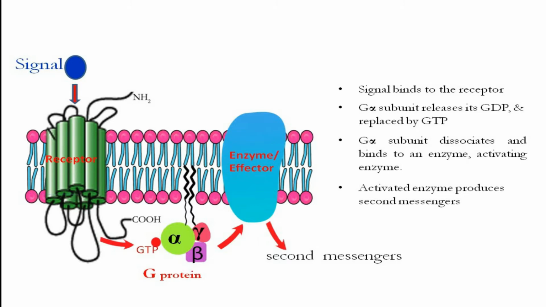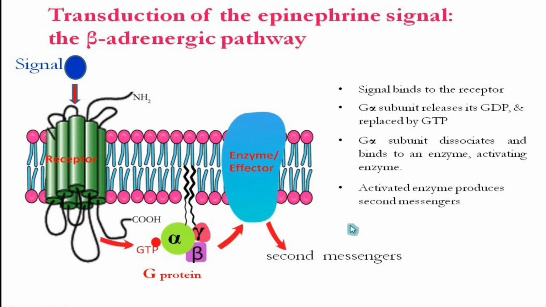Now we can discuss the transduction of the epinephrine signal. Here the signal is epinephrine. Epinephrine is a hormone, otherwise known as adrenaline, the fight or flight hormone, and it is produced during a stressful condition. Epinephrine causes an increase in blood glucose level.